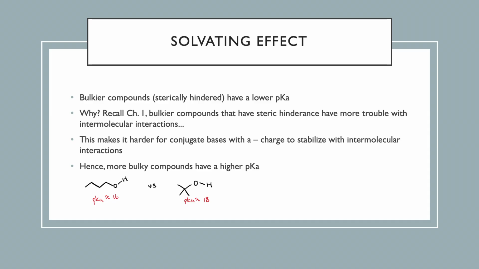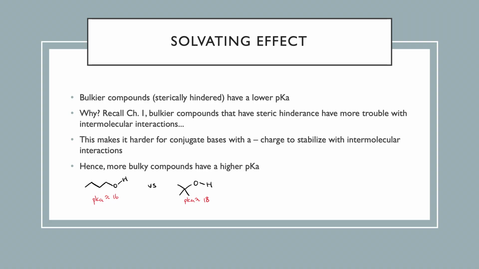Alright, so the solvating effect. I think we covered this a little bit in Unit 1 when it comes to boiling points, but it has a similar issue with pKa. What the solvating effect is, when you have a sterically hindered molecule, it prevents it from having intermolecular interactions. In the case of boiling point, it prevented you from having those intermolecular interactions, which reduced your boiling point.